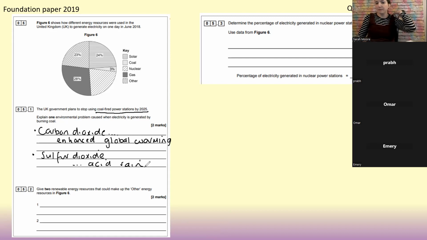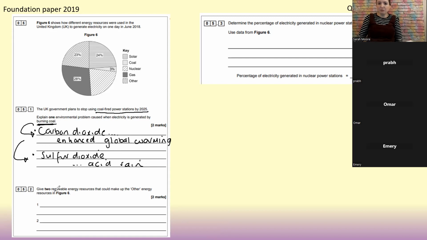It leads to trees being damaged and so on. But what I'm trying to show you here is that there are links to be made. Burning of coal, burning of fossil fuels should always trigger you to think of carbon dioxide. That's problematic because it leads to enhanced global warming. Sulfur dioxide is problematic because it leads to acid rain, which damages aquatic habitats and damages trees.